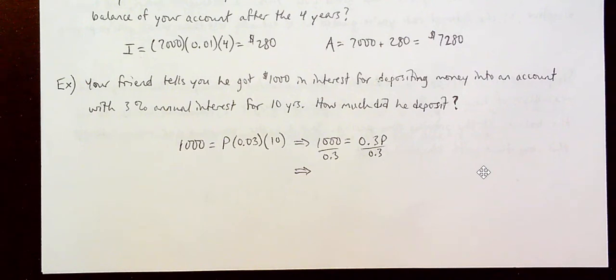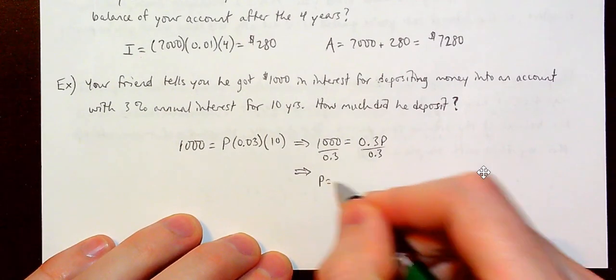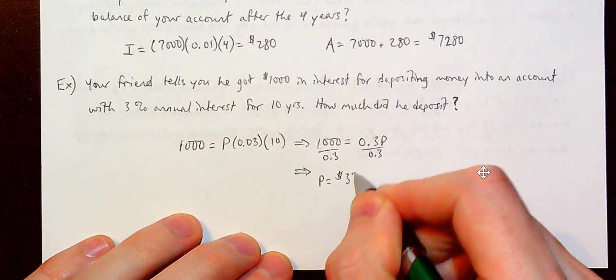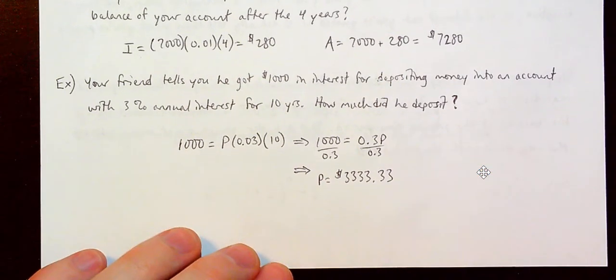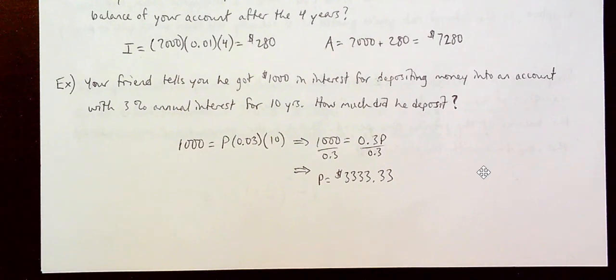So if you pull out your calculators and do 1,000 divided by 0.3, you find that P was equal to $3,333.33. So a little bit of a different application of the formula, but still nothing too complicated out there in the world, nothing super crazy.